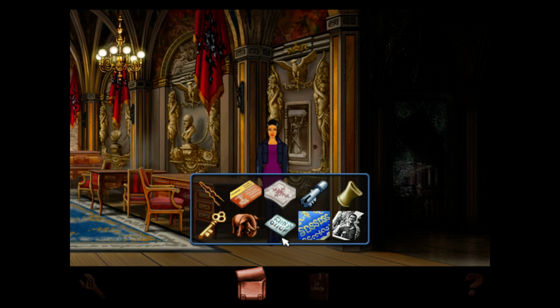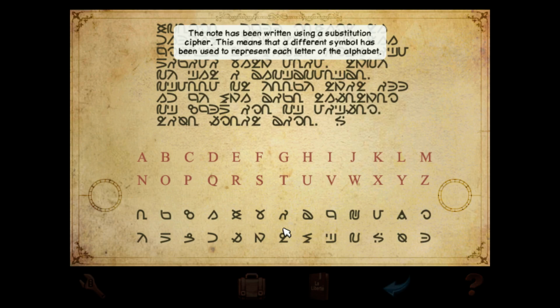The note has been written using a substitution cipher. That means the different symbols have been used to represent each letter in the alphabet. To crack the code, you must correctly match all the symbols to their corresponding letters. Highlight a symbol, then highlight the corresponding letter.